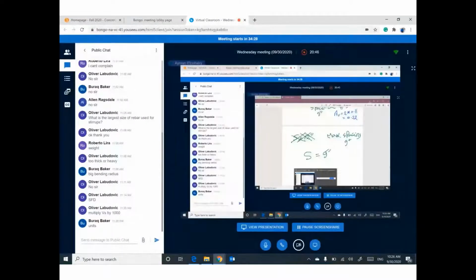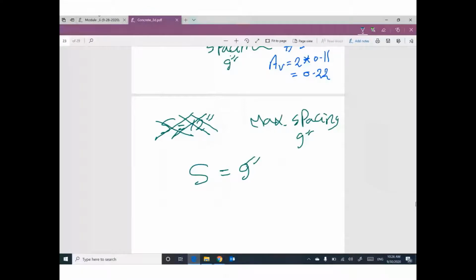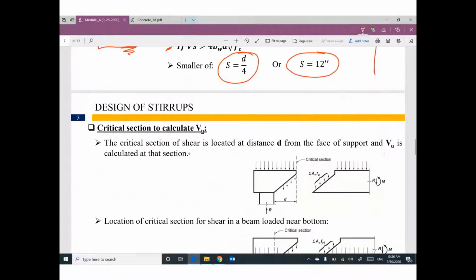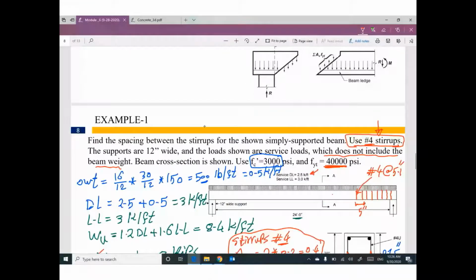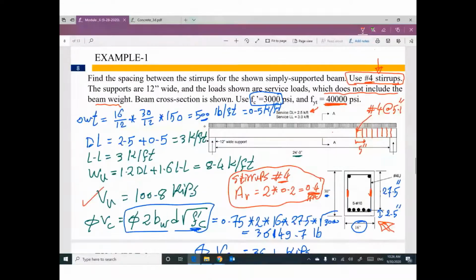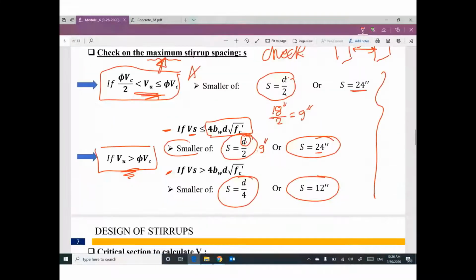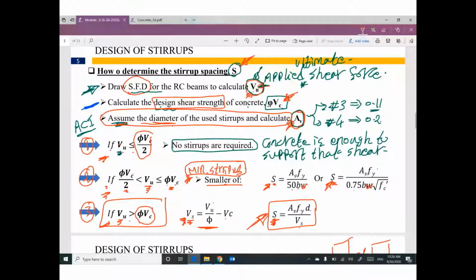Any question? So as you see, design is only steps. You need to follow these steps, and you need to remember and be organized. Which equation am I going to use, which situation you are in. So for shear, we have 3 situations. And remember, this first step is very important: loading and structure analysis to figure out the value of V ultimate.